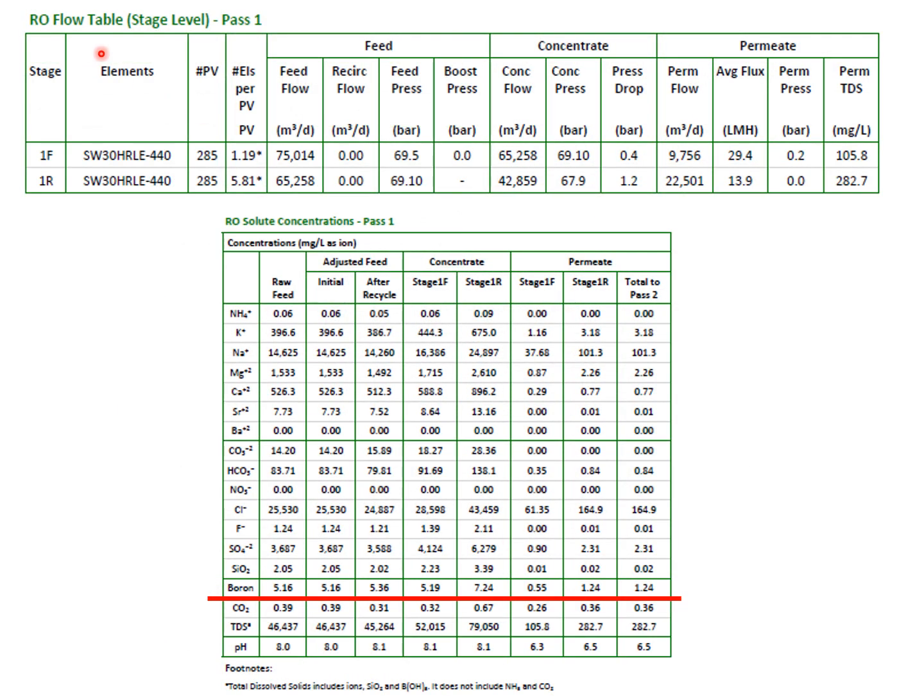And you can also have an RO flow table. So when you have a 1F, 1R area, the elements we utilize, this membrane. Pressure vessel, how many we have in pass 1, and elements per pressure vessel, and feed flow rate, feed recirculate flow rate, feed pressure, boost pump pressure, and so concentrate flow, concentrate pressure, and pressure drop.